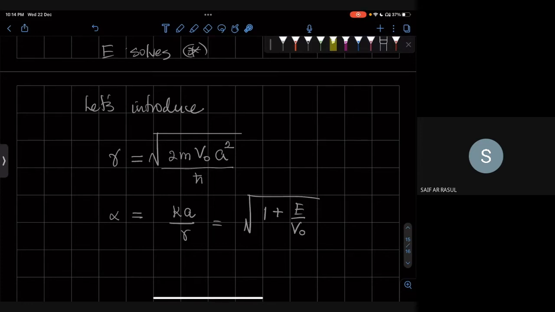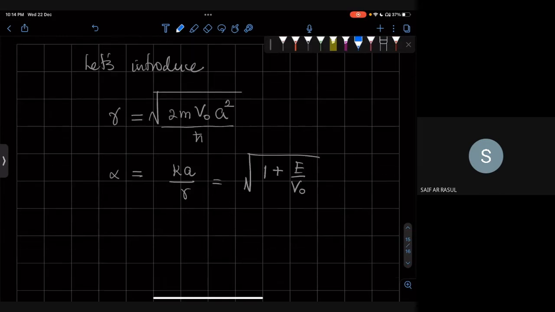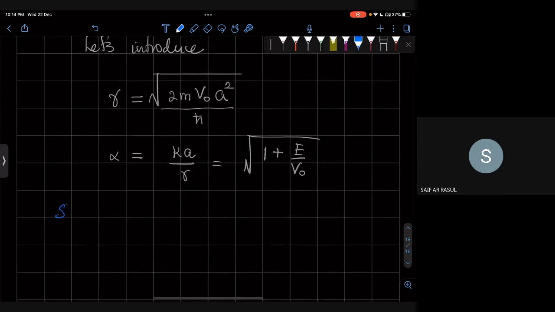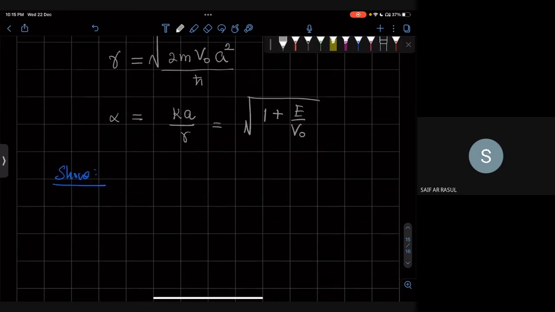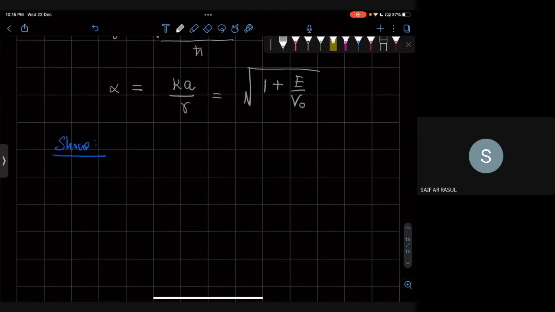So now it's an exercise that you can show that the condition that we wrote above, you can solve this, and the solution takes a much nicer form. You get gamma times a.